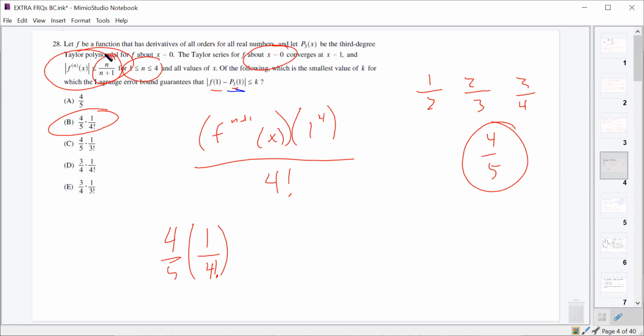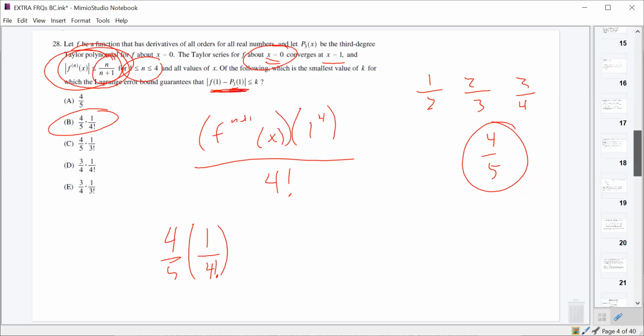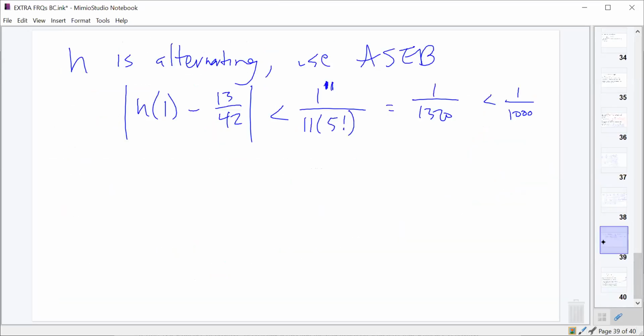It doesn't matter for our case here because they are just telling us that no matter what, for all values between 1 and 4, we need this to be the largest possible thing. But yes, in this example, A would be 0 and x would be 1. And we didn't need the Lagrange error bound way down here.